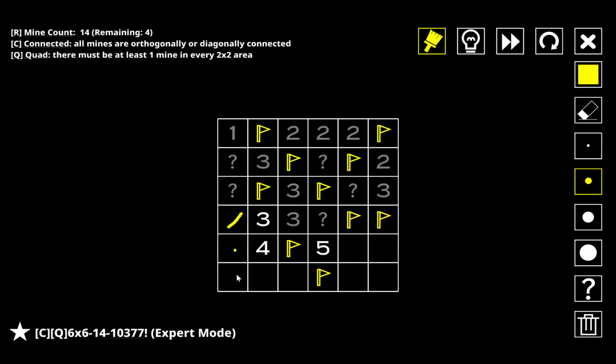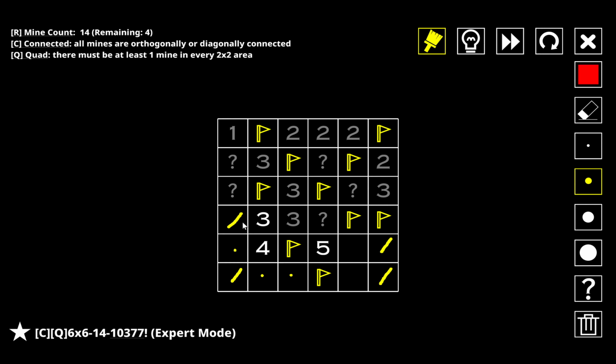So then what we're going to see is, since this mine needs to connect up, we know it has to go through here, right? So then this would leave us with 2 mines left, which both must be around this 5. So then we know that this one and this one are not mines.